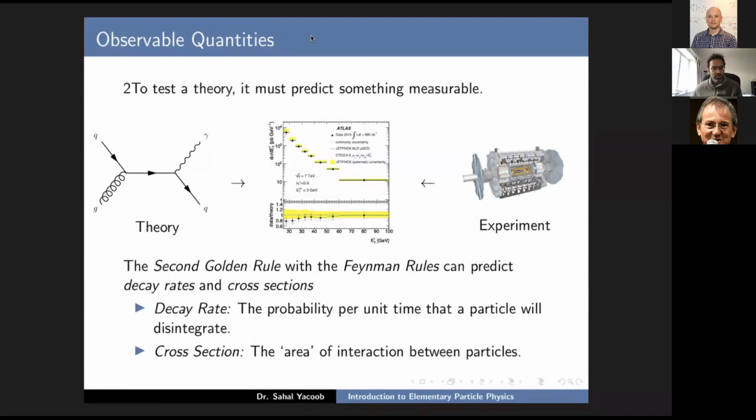So we're going to go through, in a very hand-wavy way, how to go from the theory depicted here by a Feynman diagram, which is one of the things we're going to talk about today, and compare that to the data from an experiment. Here we see a plot showing some decent agreement between data and experiment for some random data. Don't worry about the details too much.